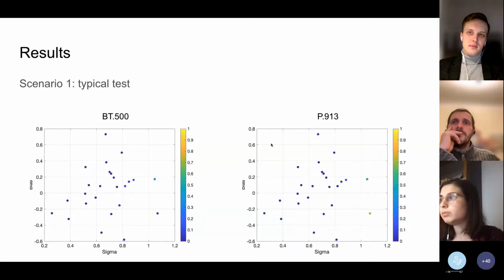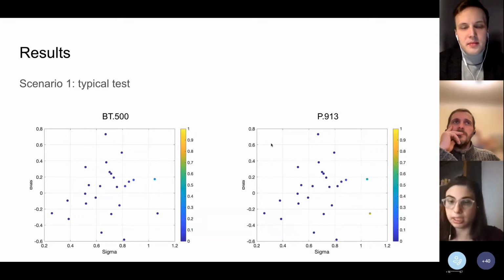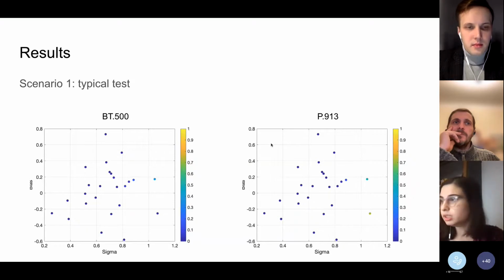And for each one of them, for each subject, we know how many times for BT500 that subject was detected as an outlier, because we have 100 repetitions of this. So out of these 100 repetitions, we see how many times the subject that had this particular sigma of PVS and this particular bias was detected as an outlier, and that influences the color here.